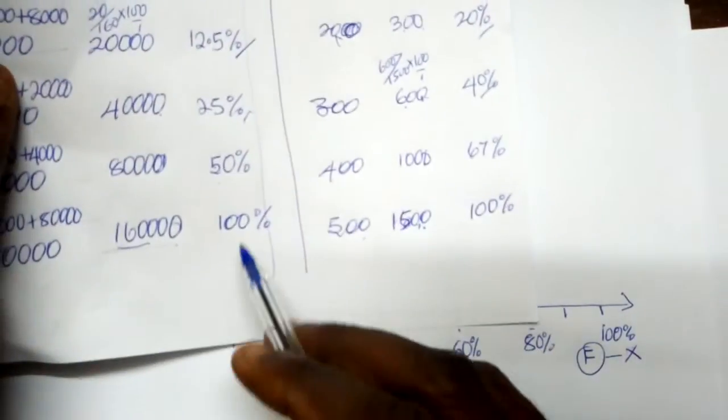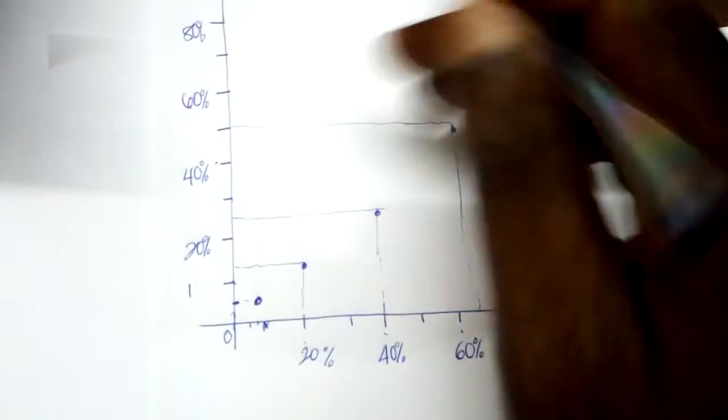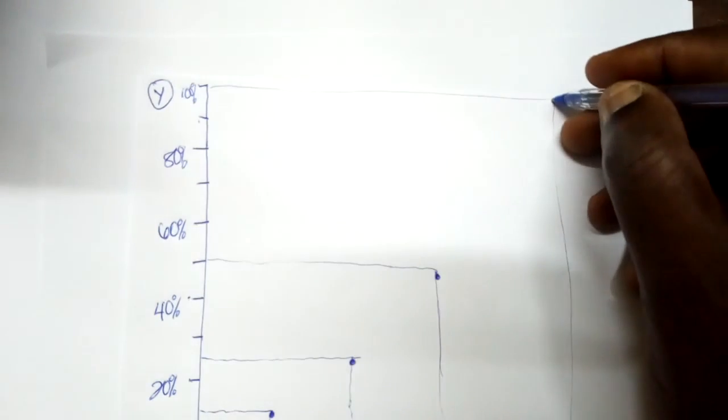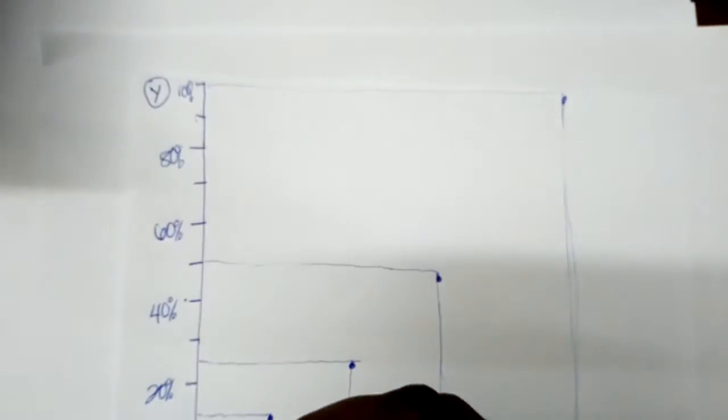Then 100 and 100%. So our 100 is at the top of the graph, and then we join.